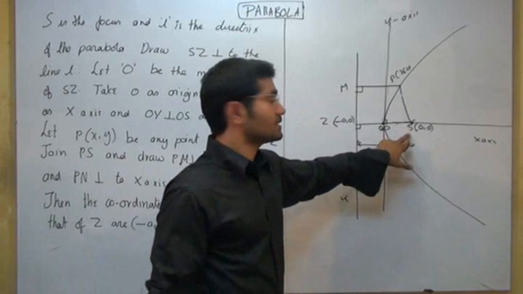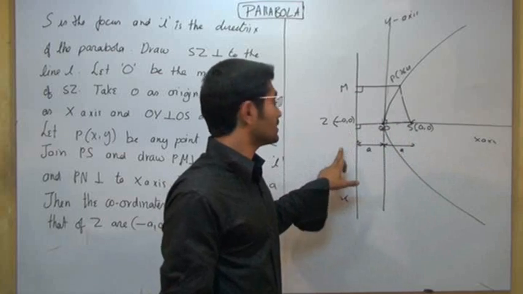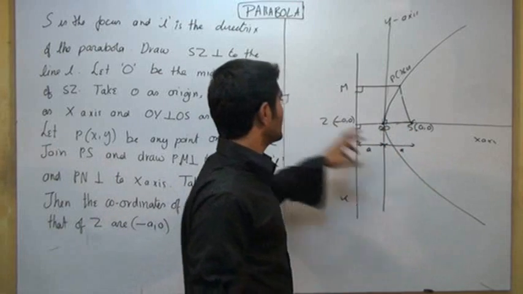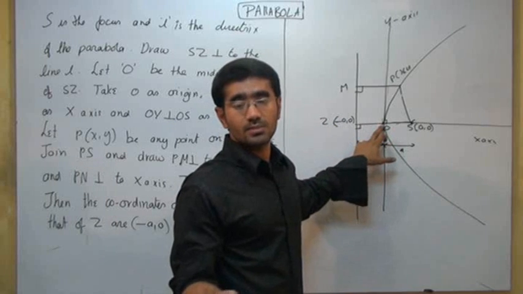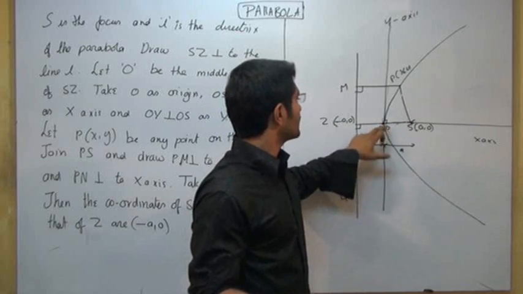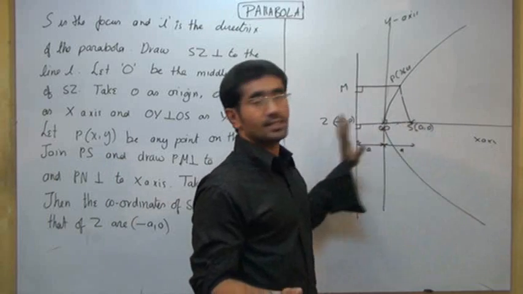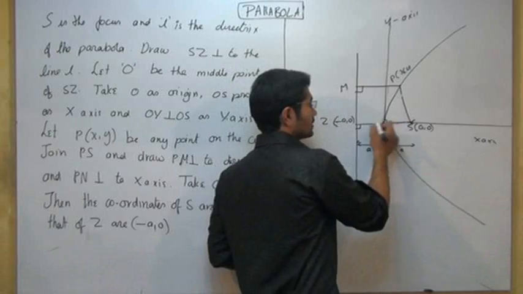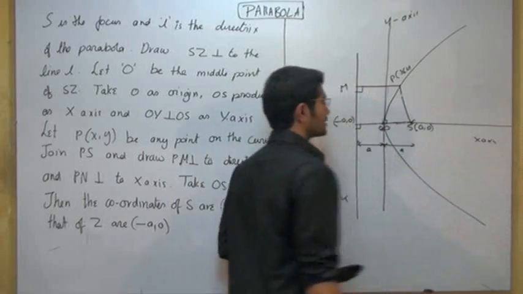It says S is the focus and L is the directrix. The next thing I'm doing is drawing a line SZ. So I'm writing it there. Then I'm taking a point O, which is the midpoint of SZ. Through O I'm drawing a line OY, which is perpendicular to SZ, and I take it as the y-axis. And I'll take the line OS produced as the x-axis.